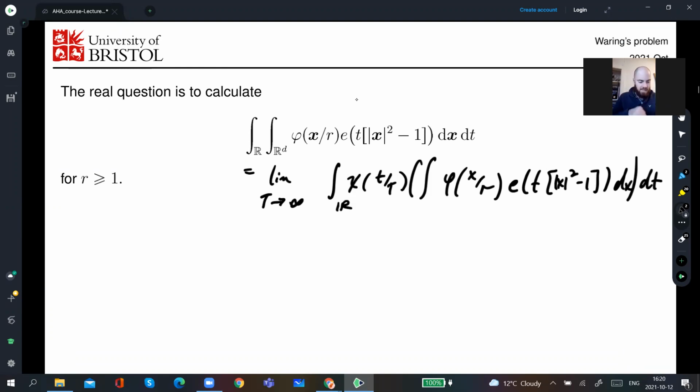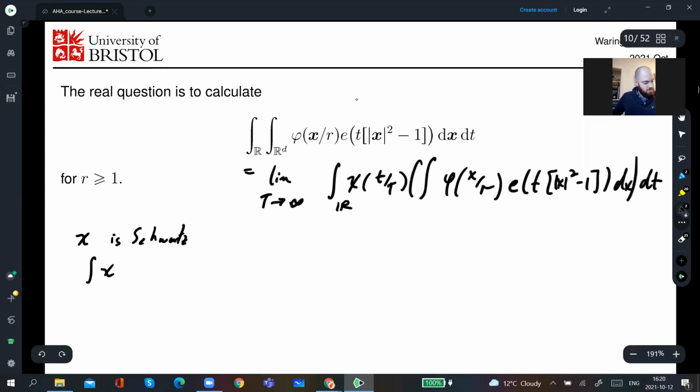Integrate with respect to x and then t. Now where chi is a Schwartz function, say its integral is 1, the integral of chi equals 1. And if you want, say it's 1 at the origin. And it's always non-negative as well.